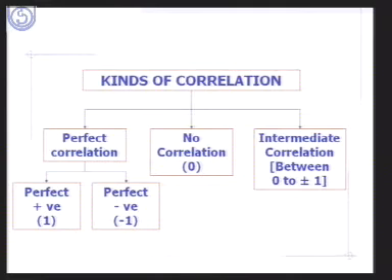So it may be perfect positive or perfect negative, and if there is no pattern, there is an increase in one variable, there is no corresponding increase or decrease in another variable, we call the two variables not correlated. In between no relationship and perfect relationship, there may be various shades of relationship, which we generally call imperfect or intermediate correlation.